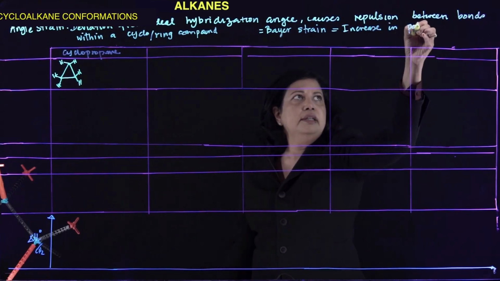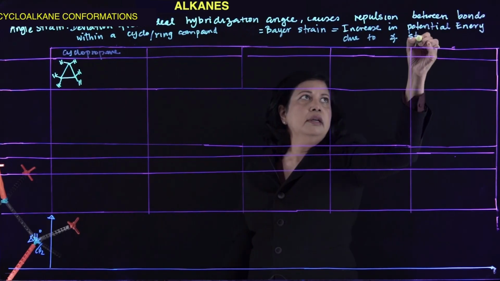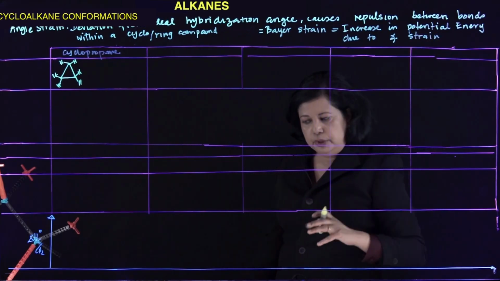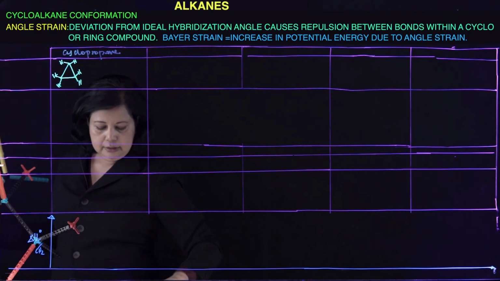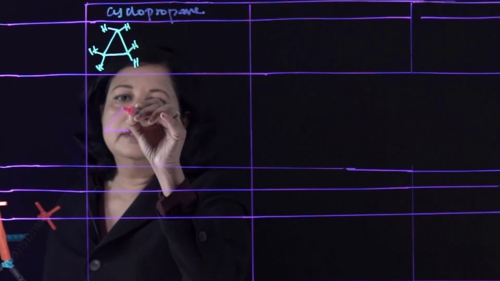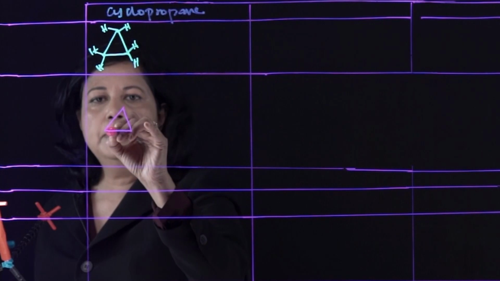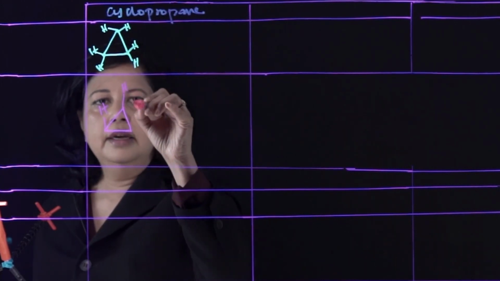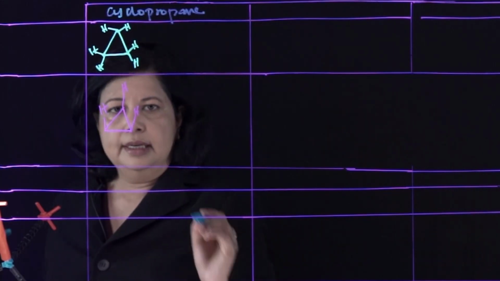Increase in potential energy due to angle strain that is deviating from the hybridization angle. I'm going to draw this molecule in like a side view, which means you will have hydrogens here up and hydrogens down, and they are all going to be eclipsing each other.